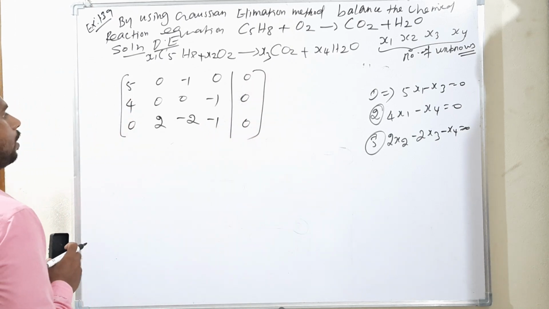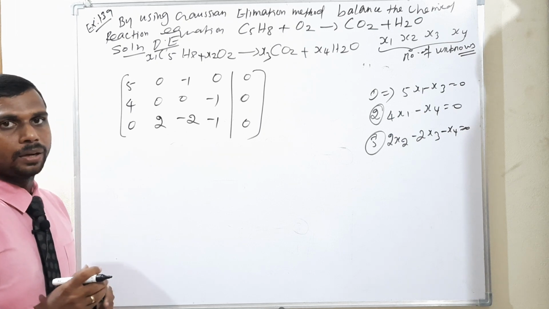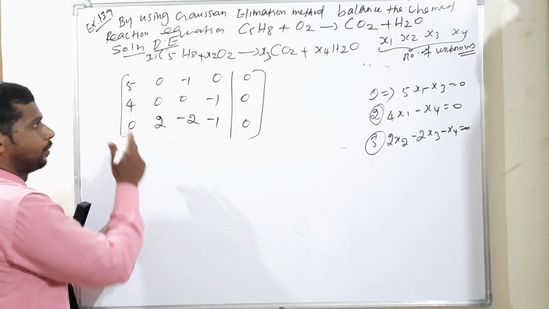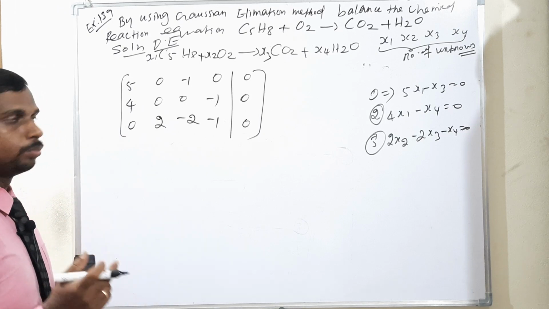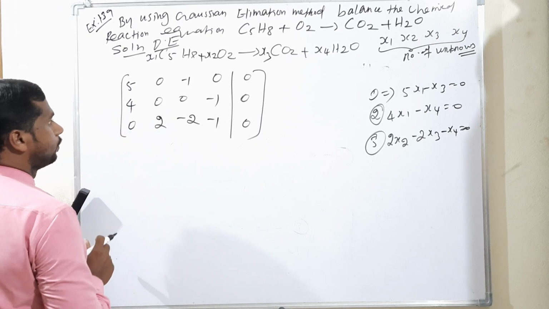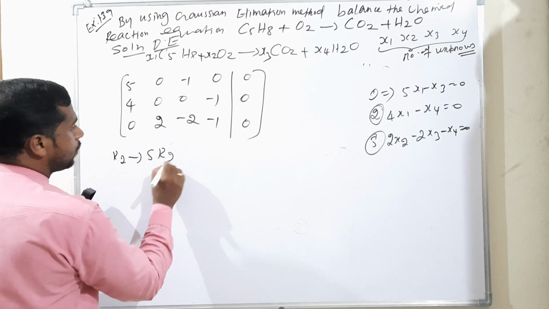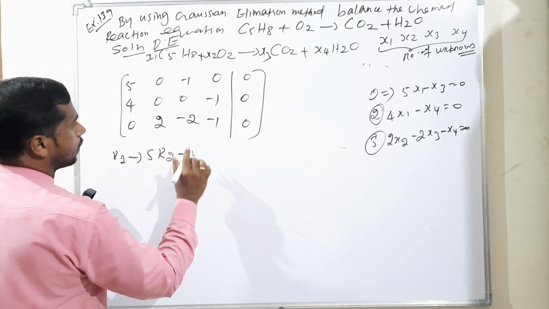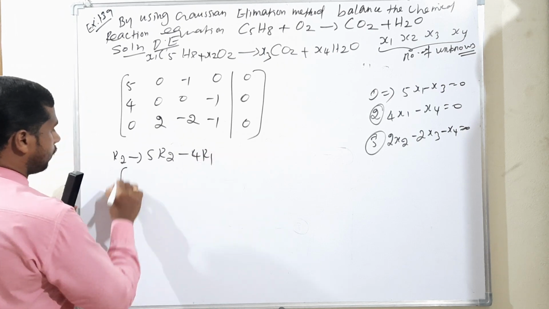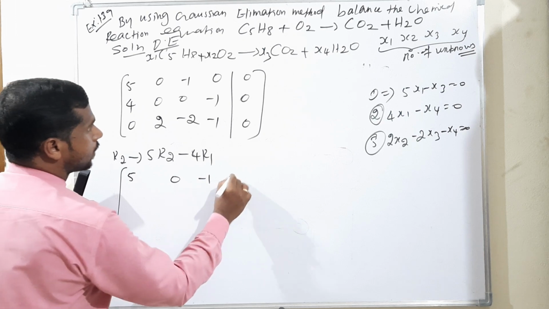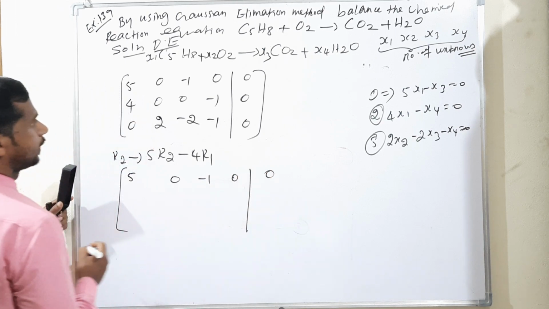So now, to use the row echelon form, what is the meaning? When starting with the non-zero digit, under the first row, the third row already has 0, in the second row we have to make it 0. What we have to do? R2 gives 5 into R2 minus 4 into R1, with R1 and R3 as they are, 5, 0, minus 1, 0, 0.